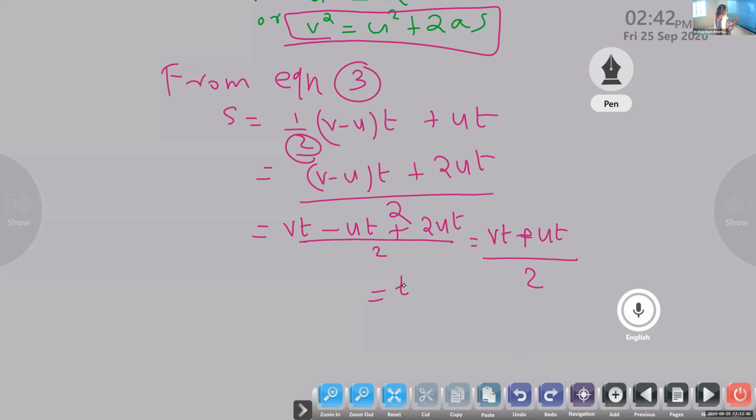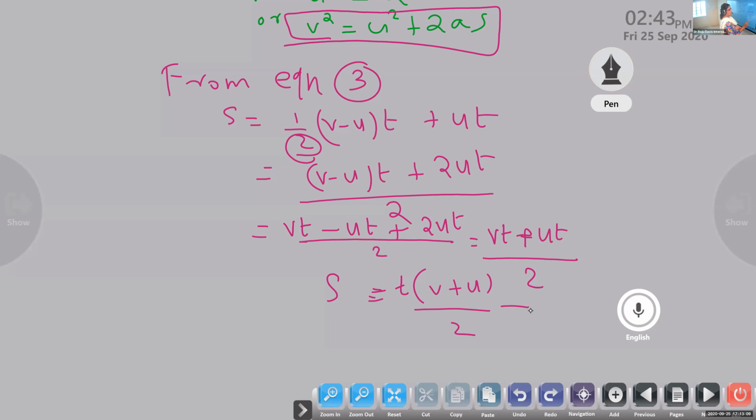So you are getting the same displacement relation in another form. Before this, one was s is equal to ut plus half at square. The same displacement relation you can write this way also: t into (v plus u) by 2.